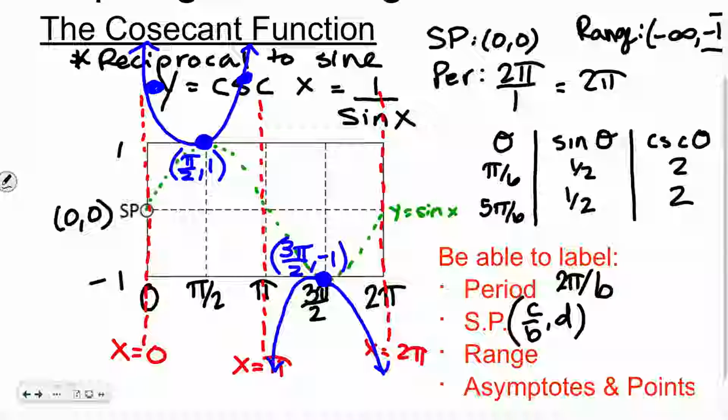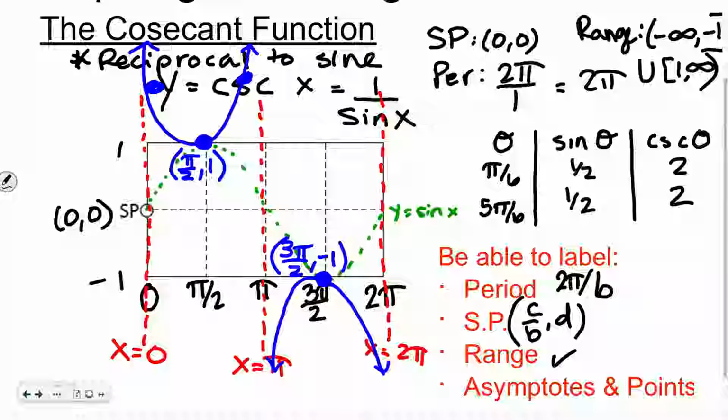Okay, so we say in union with 1 to infinity. Now, of course, those values can change just like the ranges changed when you did different amplitudes and starting points for sine and cosine, right? If we shift our graph up, that would change the values that are in the range. If we have a stretch or a shrink, that would change the values that are in the range. So I got my range done.